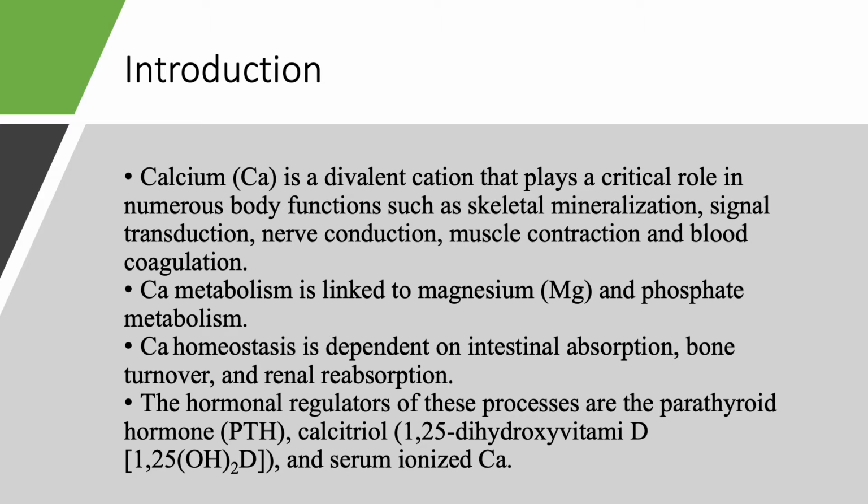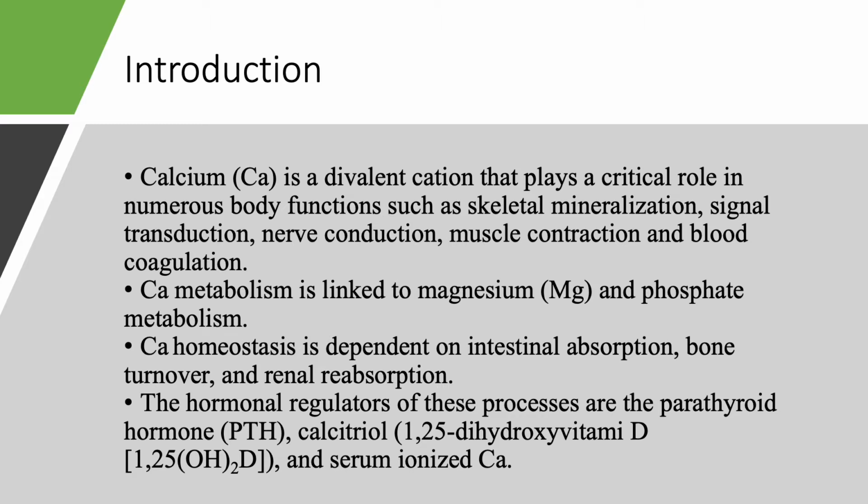Calcium homeostasis is dependent on 3 things. You have intestinal absorption, then you have bone turnover, and then finally renal reabsorption of calcium. Calcium, unlike magnesium, is tightly hormonally regulated by the parathyroid hormone, or PTH, the calcitriol.